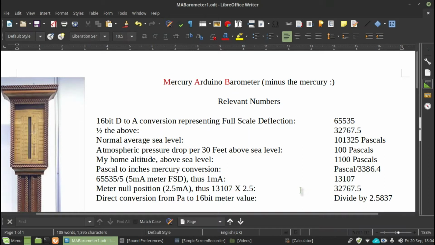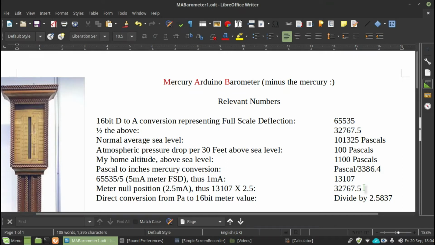So therefore, going down to the second but last of these numbers, a 2.5 milliamp position on the analog meter, which is my reference position, you would then take that number of 13,107 and multiply it by 2.5, which comes to this number here, which is 32,767.5, which is exactly, as we stated on the second point here, the natural half 16-bit wide number. So that all makes sense, doesn't it?